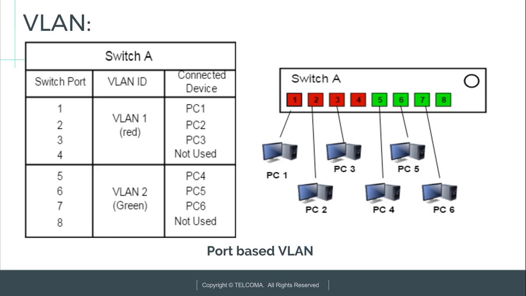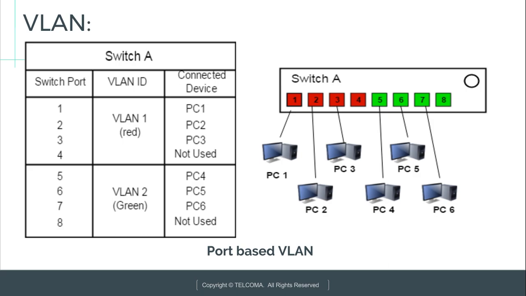As shown in the table, switch ports 1, 2, 3 and 4 are connected to VLAN 1, and the connected devices are PC1, PC2 and PC3. In the same way, ports 5, 6, 7, 8 are connected to VLAN 2, and PC4, 5 and 6 are connected to VLAN 2.